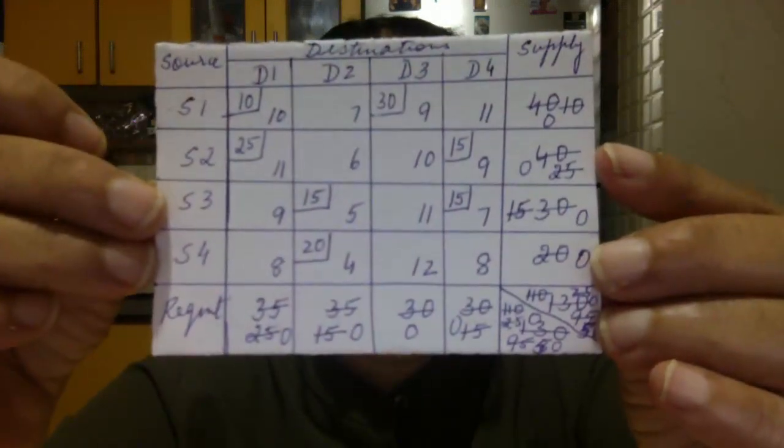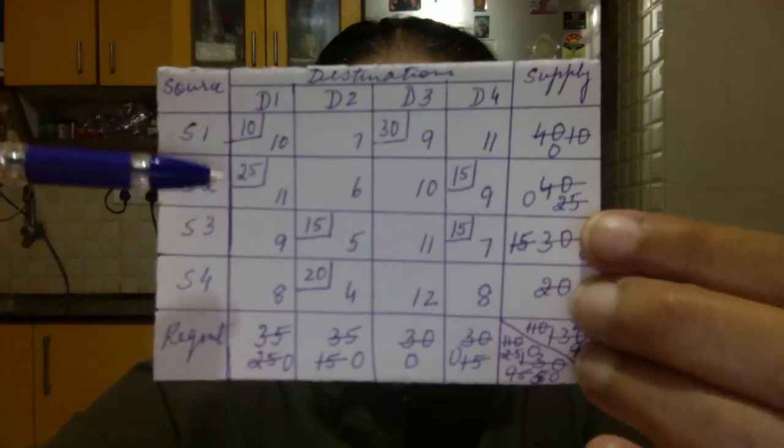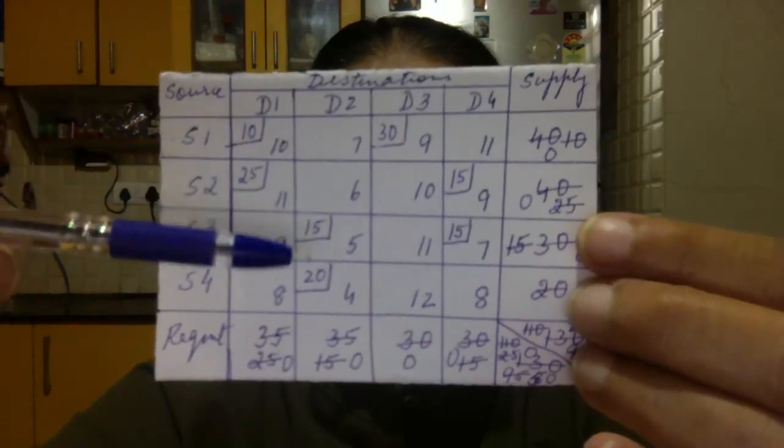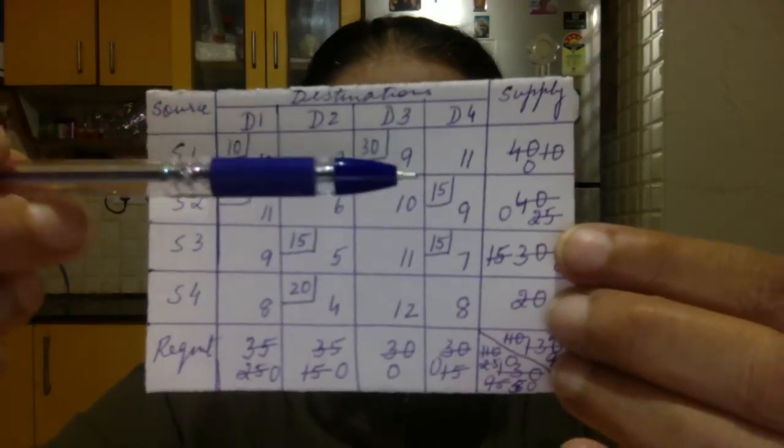I'm going to give 25 and finish the problem. So S2 supply becomes 0, grand total becomes 0, requirement becomes 0. So see, I have 1, 2, 3, 4, 5, 6 and 7 allocations.